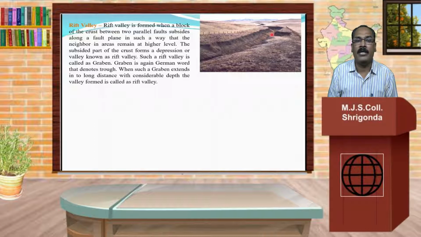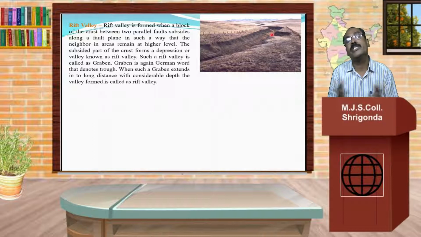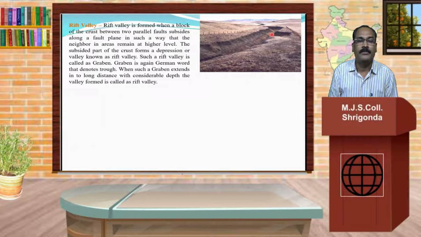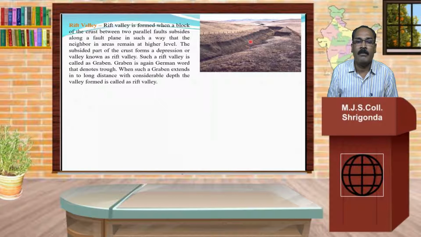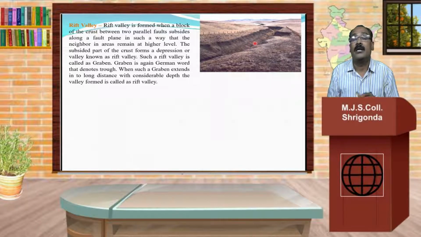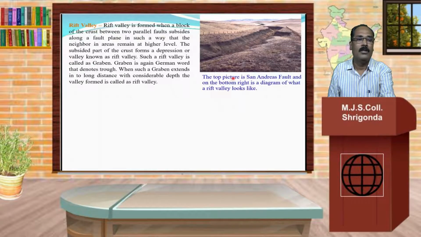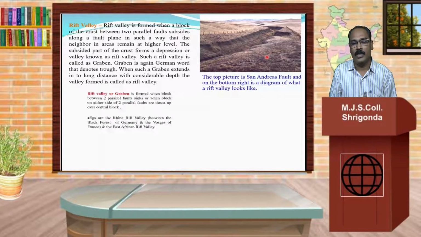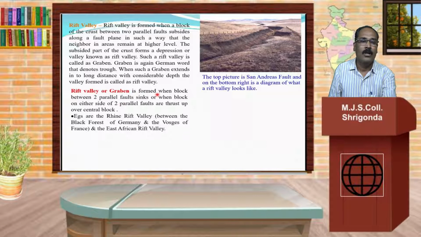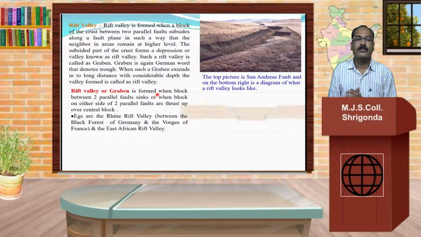When such a graben extends over a long distance and has considerable depth, the valley formed is called a rift valley. At the top features the San Andreas fault, and at the bottom right of the diagram is what a rift valley looks like. Yeah. Rift valley or graben.